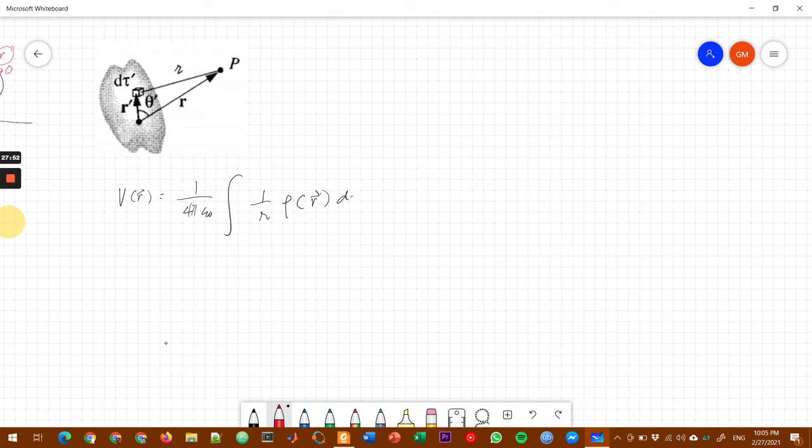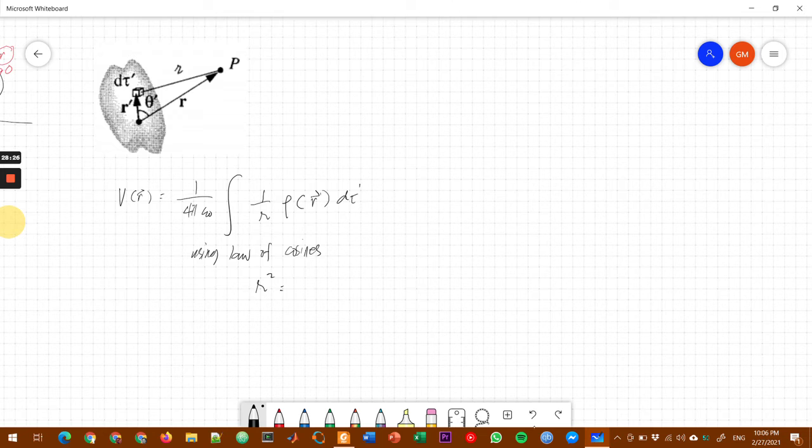So this is d tau prime. So using the law of cosines, from the figure, we are interested in finding the equivalent expression for r squared.